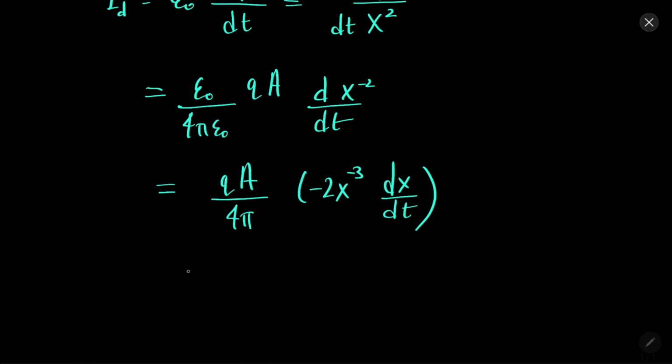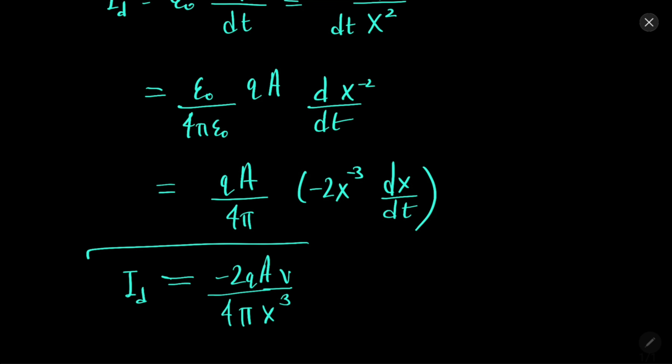So we know that dx by dt is velocity, so you can also write it like this, minus 2qa over 4 pi x cube, and this dx by dt is velocity v. So this will be the displacement current.